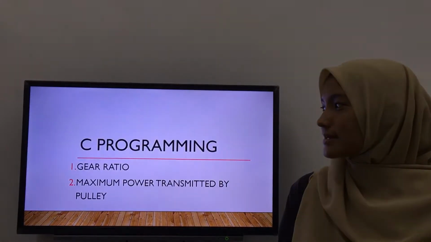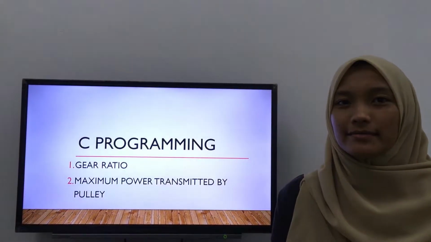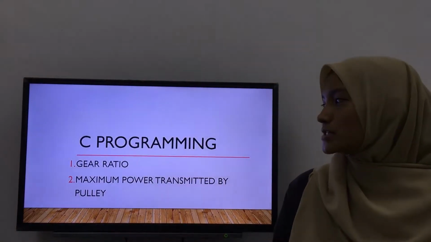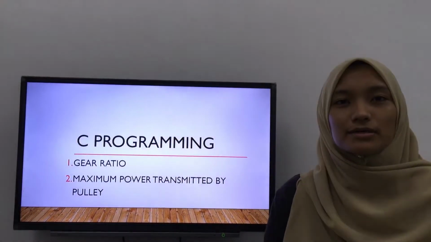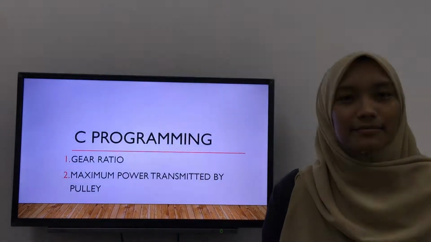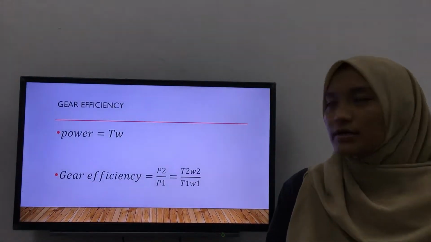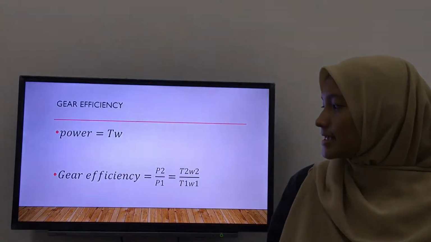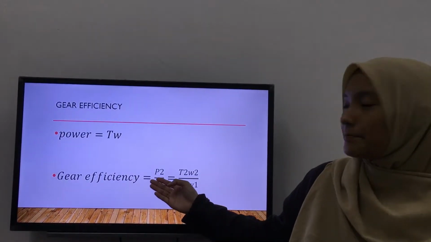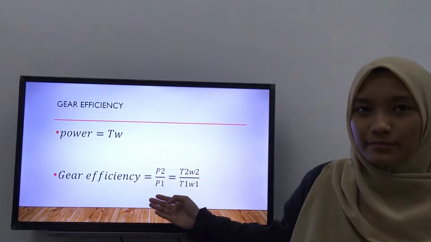Today I will present to you my program in C programming, which finds the gear ratio and the maximum power transmitted by the pulley. In general, the gear efficiency is given by P output over P input.